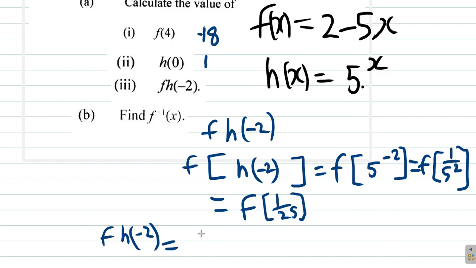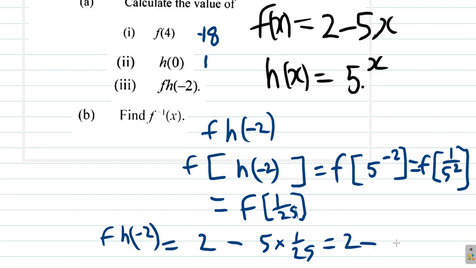Remember, f of x is 2 minus 5x, but what you want is f of h of negative 2. So h of negative 2 is 1 over 25. So erase the x and put 5 times 1 over 25.